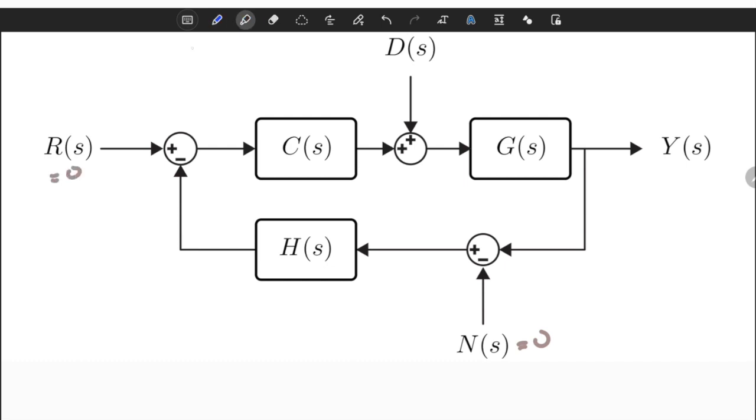Let's move on to the second input, and let's assume that N is equal to 0 and R is equal to 0, but D is not equal to 0. Let's try to find the transfer function. In this case, what is the signal?